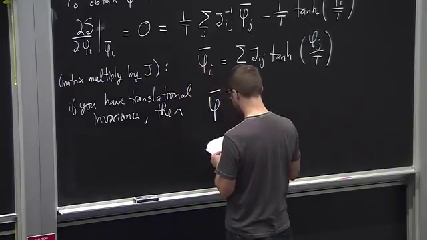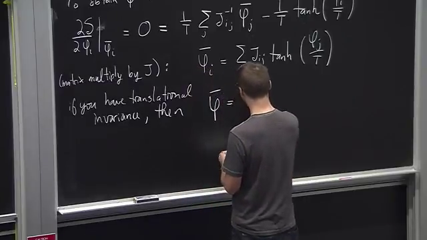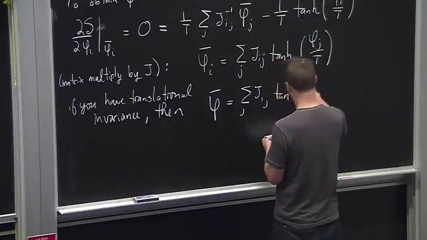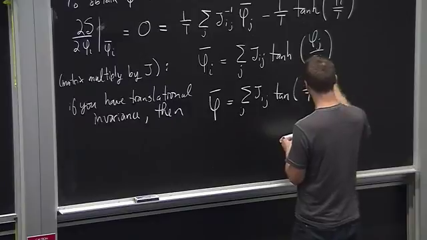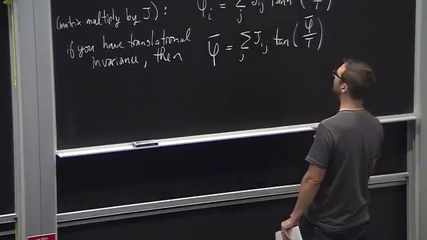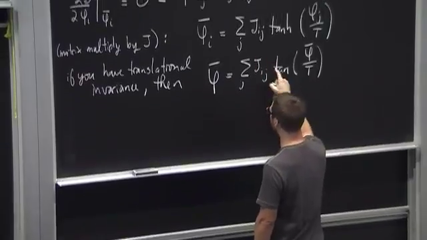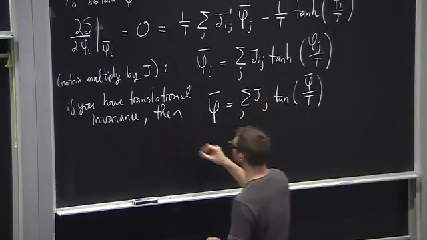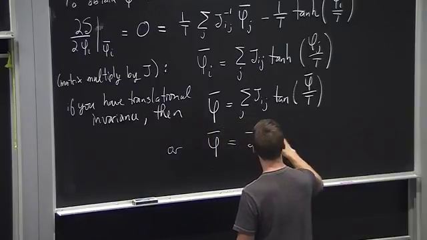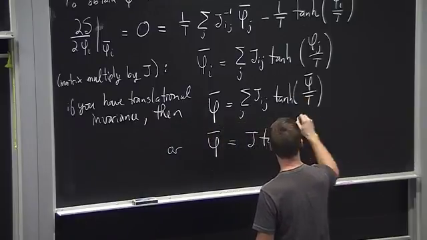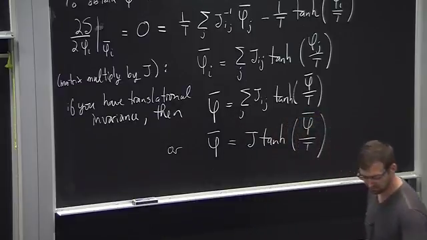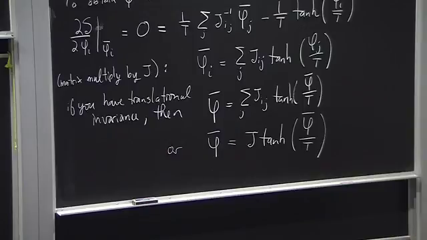Then you can just write this as phi i is equal to phi, and then you can just define this thing as J. Do you recognize that?